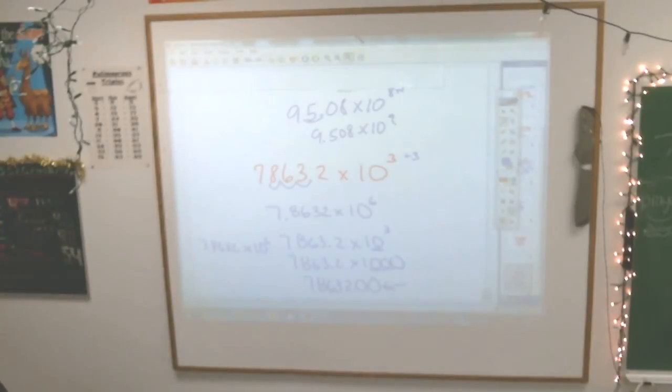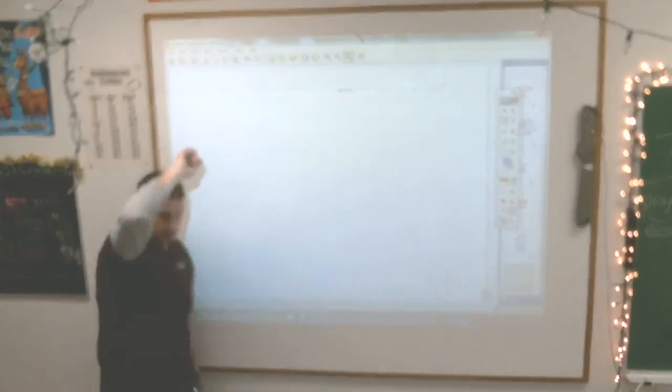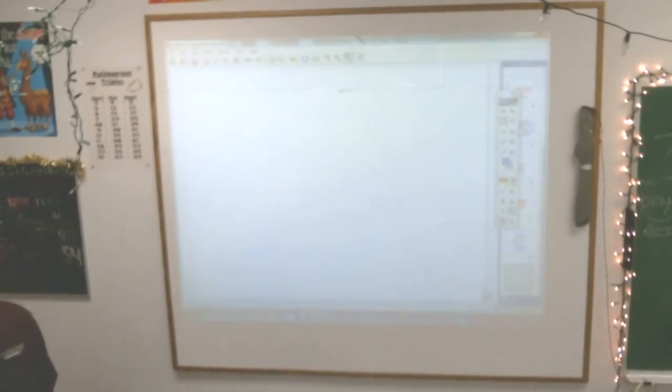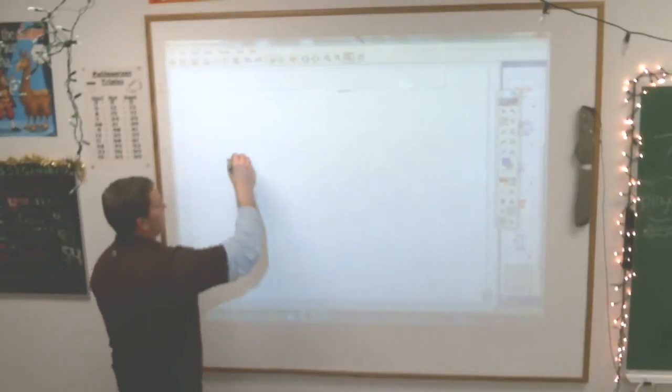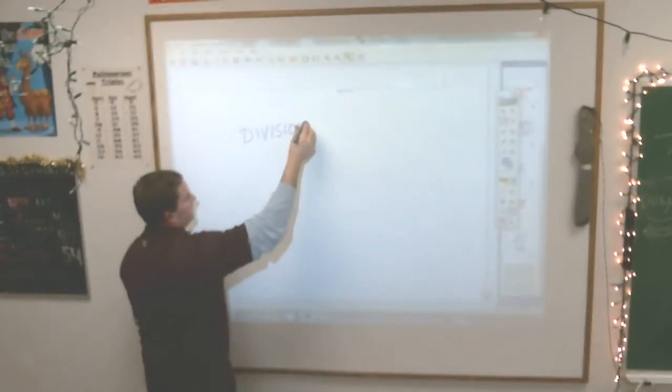Okay. Now, lest you think that you're done. I know, here's the groan of, oh, you're kidding. We have to talk about division with scientific notation. So there's a lot going on here. And division looks like this.